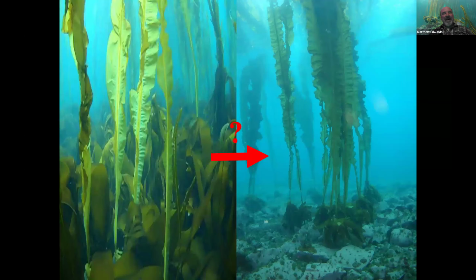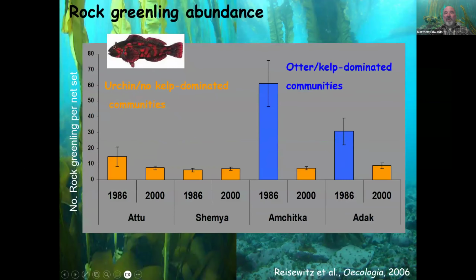So one of the things that we did, Brenda and I wrote an NSF proposal, which was funded, luckily, and was to ask the question, what happened with this transition? And this is following some other work by Estes and his colleagues, where we can look at the rock greenling abundance, and anywhere you see there's an orange bar, consider that sea urchin dominated, no kelp, no otters.